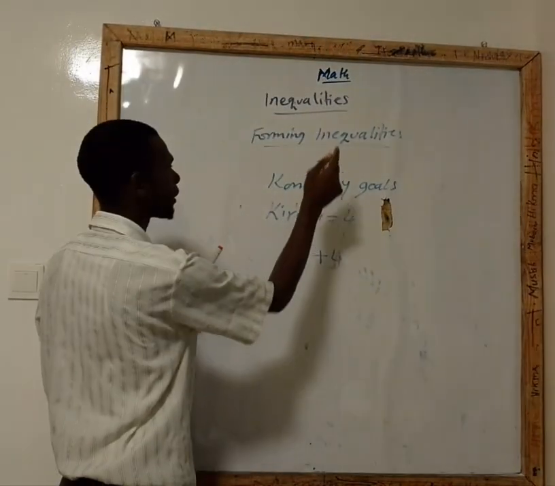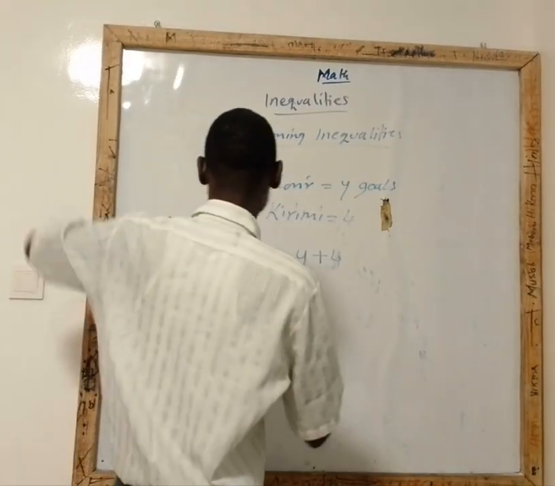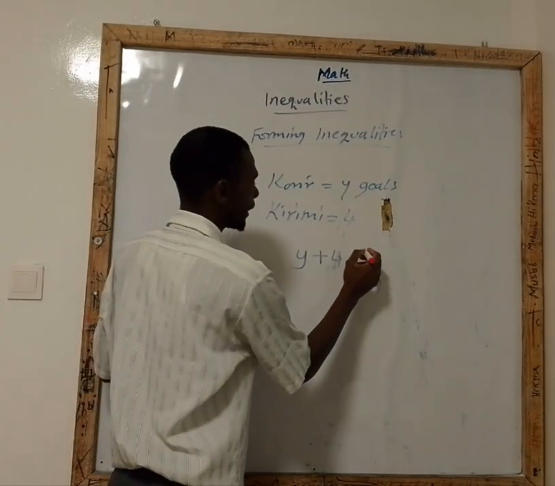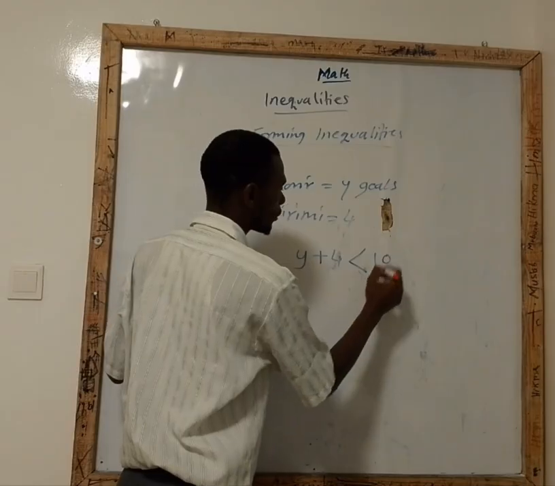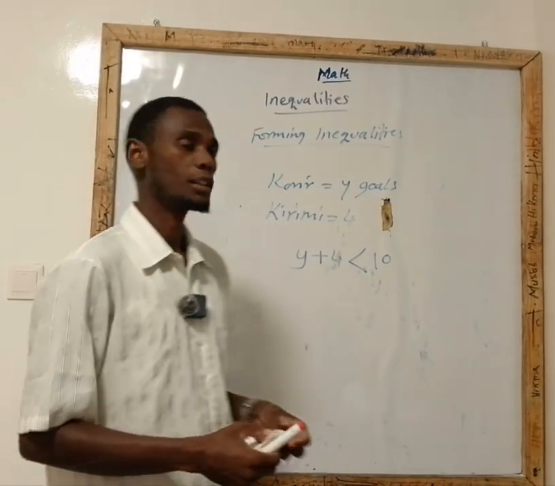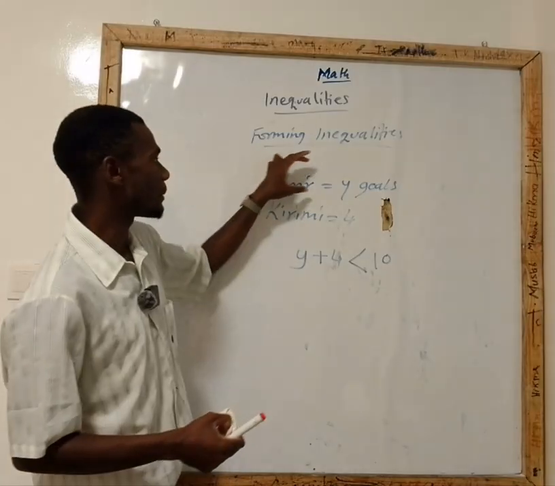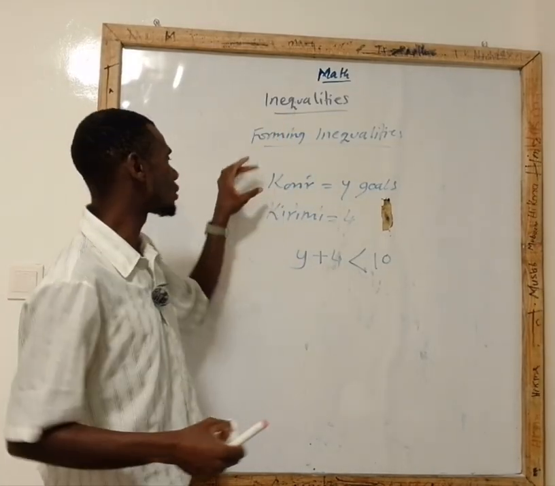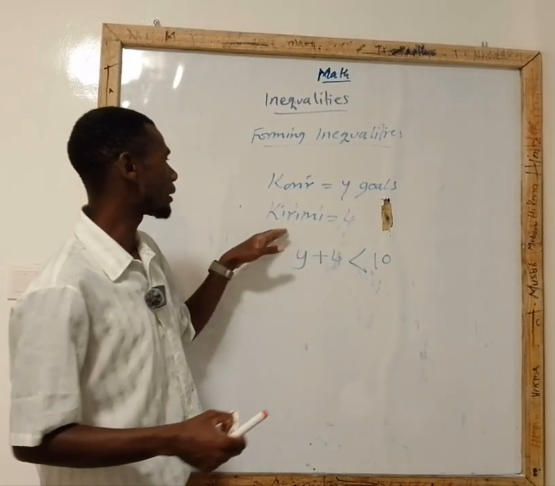We use the word less than 10 goals altogether, so we use the symbol less than, that is the left hand side. So we'll say is less than 10 goals. And there you are. You have formed an inequality. First of all, you have to list the number of goals each person scored: Korir, Y goals, Karemi, 4 goals.